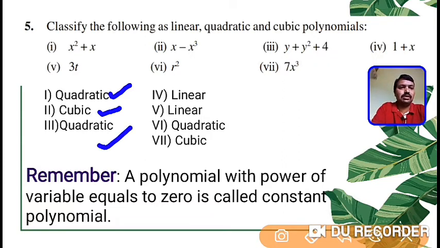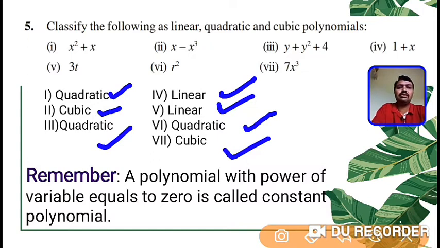In the fourth part, 1 plus x, the power of x is 1, so it is linear. In the fifth part, the power of t is 1 again, so it is also linear. In the sixth part, the power of r is 2, so it is quadratic. And in the last part, the power of the variable is 3, so it is cubic, and you can say it is a cubic monomial also because only one term is there.